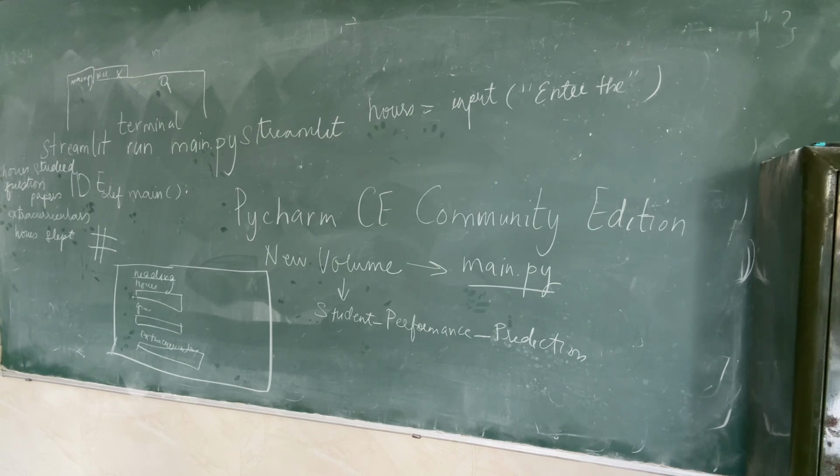If you see, I'm just copying all this code. Then we have previous underscore score, sleep underscore hours, and question practiced. And then I give all of this to my model to predict, model dot predict, and then everything.